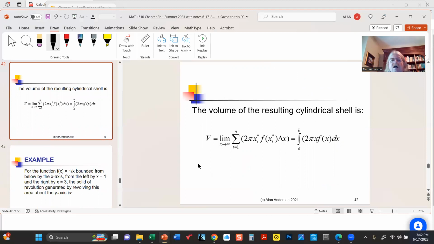So ultimately, taking into account that you're going to have areas and delta x's, what we're going to do is take the limit of this expression, and ultimately this is what we're after. Okay, so it's actually a pretty simple extension of what we were doing with the disk method.